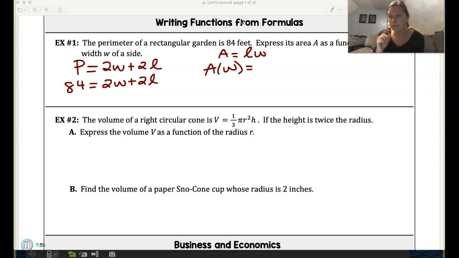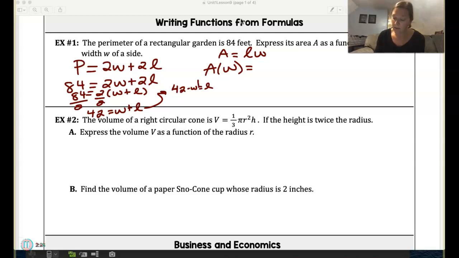Okay, so technically we could go ahead and divide everything by 2 right away, but the right move would be to factor out your 2: 2 times (W plus L) is equal to 84, and divide by 2, which gets us 42 is equal to W plus L. Subtracting W gets us 42 minus W equals L, right?